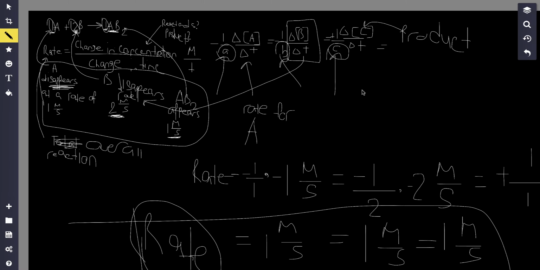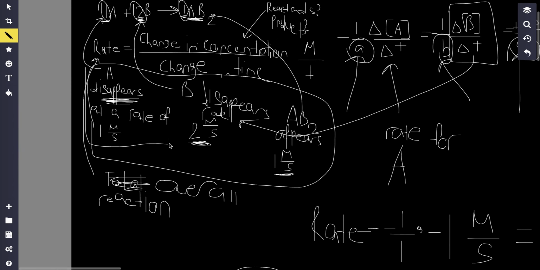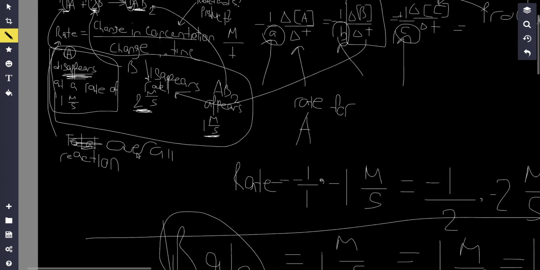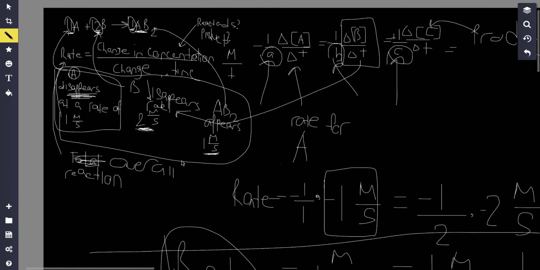Before we get to the table, just note the individual rates. When we say that A disappears at a rate of 1 molar per second, that's why we have this negative 1 molar per second here. It shows that our rate for A individually is negative.